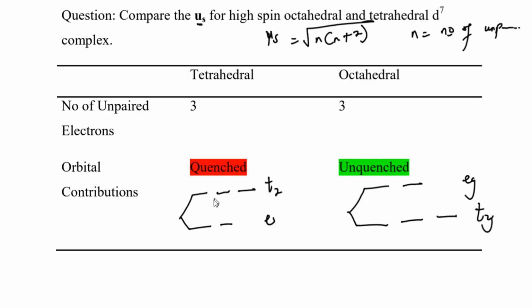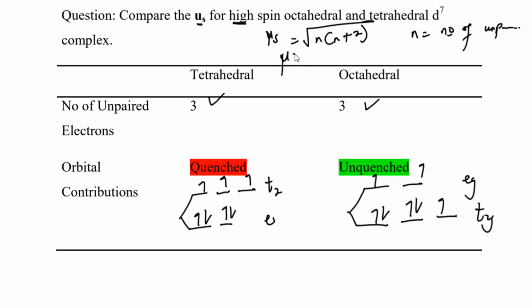So D7 is going to be 1, 2, 3, 4, 5, 6, 7, right? So for this, remember they are all high spin. So it's going to be 1, 2, 3, 4, 5, 6, 7. So the first thing now, let's look at this. The number of unpaired electrons is 3 for the two. So looking at this formula, we might want to say that they should have the same spin-only magnetic moment.